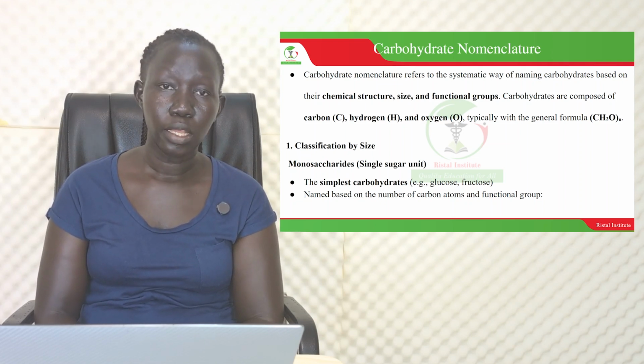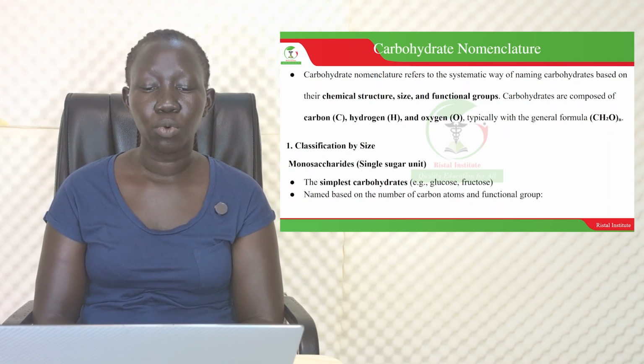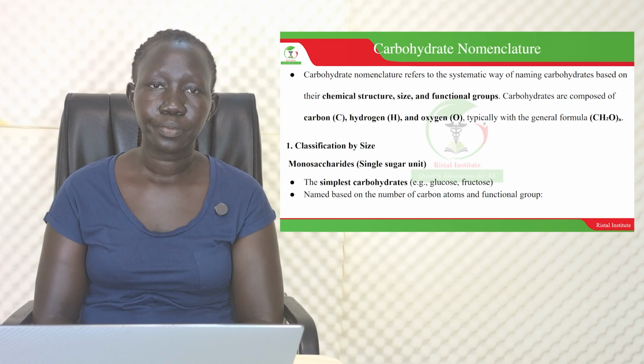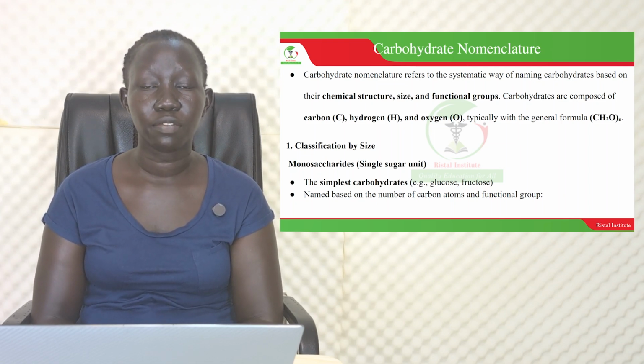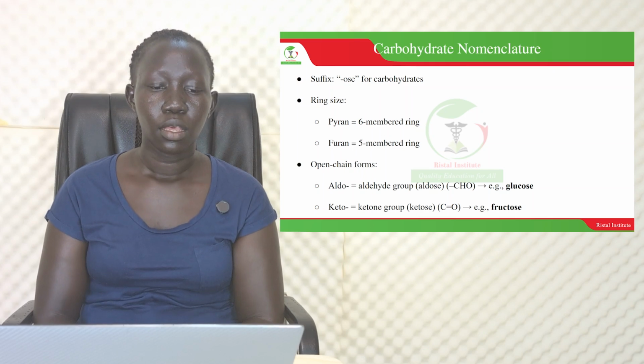Monosaccharides are single sugar units, the simplest carbohydrates, for example, glucose and fructose. They are named based on the number of carbon atoms and the functional group. Carbohydrates contain a suffix -ose, and they can exist in ring forms.